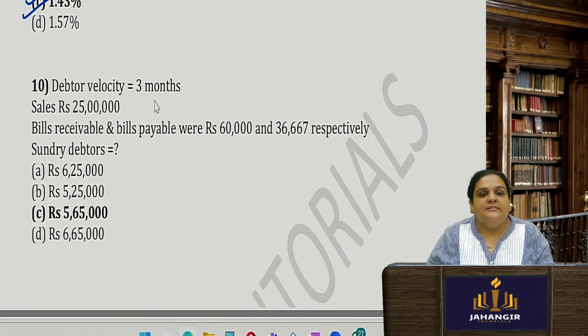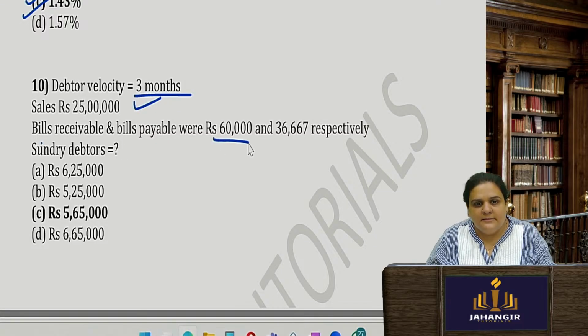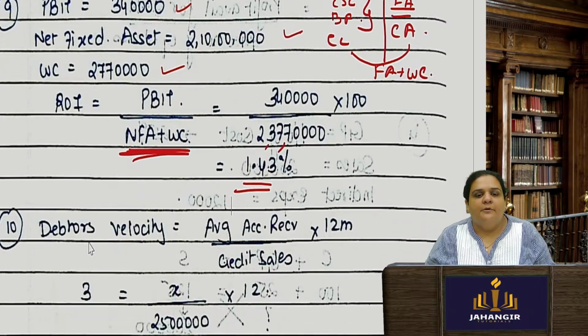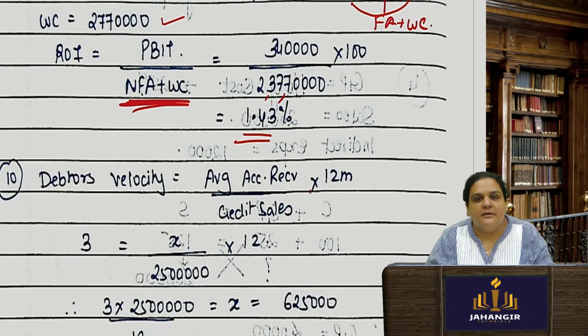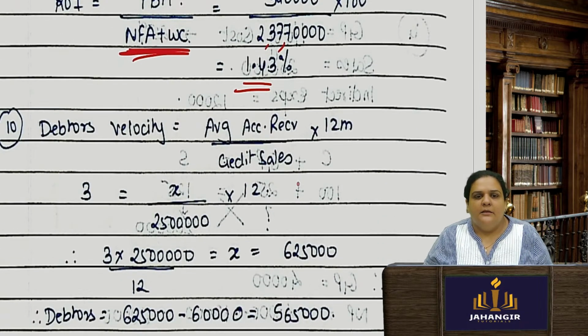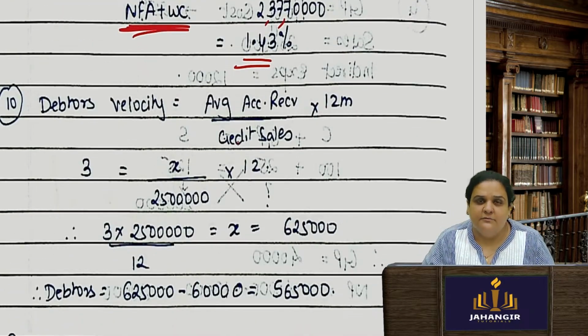Okay. Debtors velocity 3 months. Sales 25 lakhs. Bills receivable 60,000. Bills payable 36,667. How much is the sundry debtors? Okay. With the help of debtors velocity, average accounts receivable, that is average debtors plus bills receivable upon credit sales. Now this average debtors plus bills receivable, I'll say it is average debtors amount.